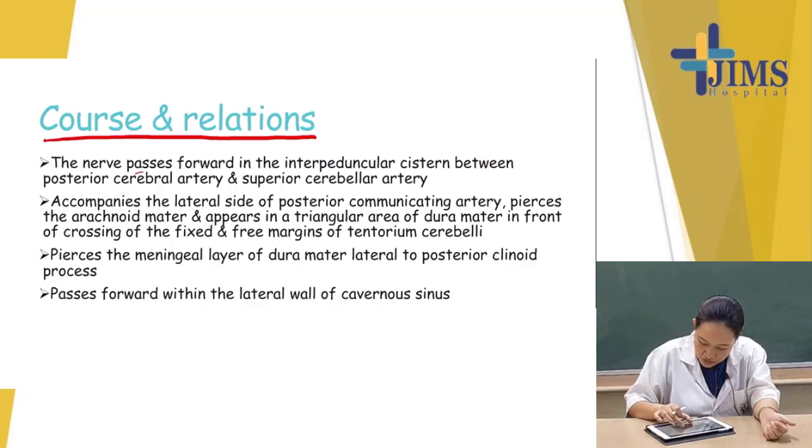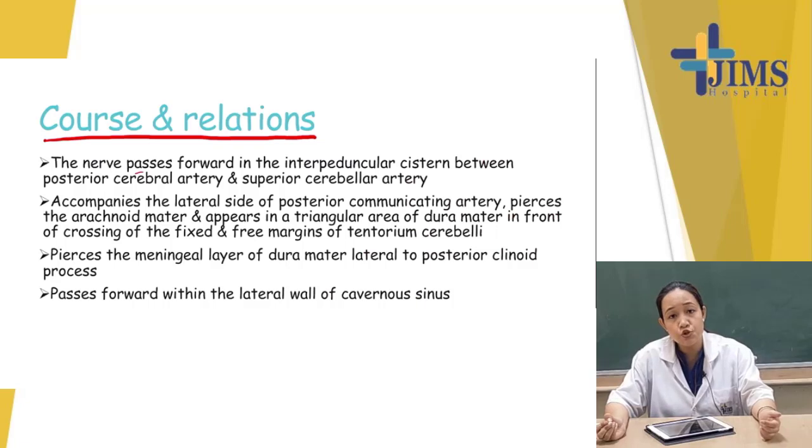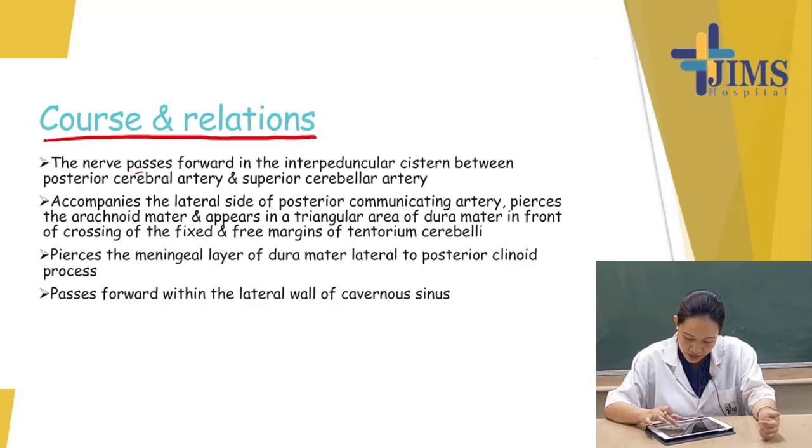Here in this picture we can clearly see that the oculomotor nerve, after passing forward, appears in the interpeduncular fossa here. After that, it passes between the superior cerebellar artery and the posterior cerebral artery.